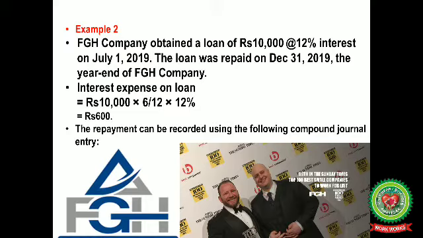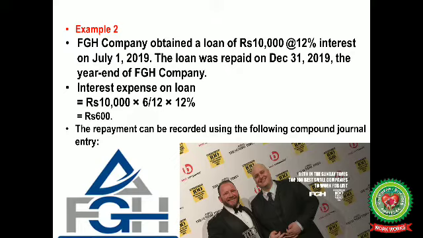The loan was raised in July and the year ends on 31st December. So from the month of July, August, September, October, November and December, that is a period of 6 months. Now interest will be charged for 6 months, not for the whole 1 year. 10,000 into 12%, that is the rate of interest, multiplied by 6 by 12, and your interest amount is 600.